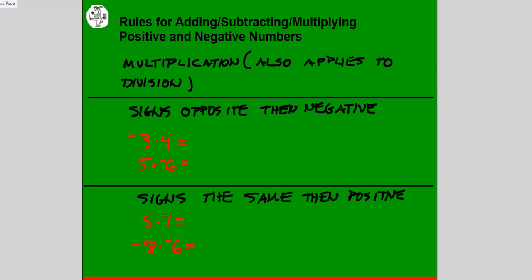So now let's summarize these rules, okay, for adding, subtracting, multiplying, and we'll get into division, which is just like multiplication. So when the signs are opposite and you're multiplying, you get a negative. So negative 3 times 4 is negative 12. 5 times negative 6 is negative 30.